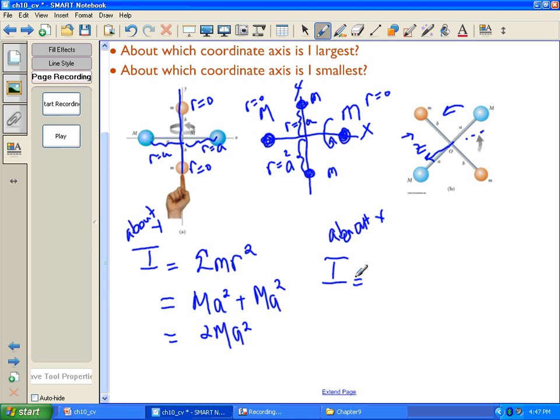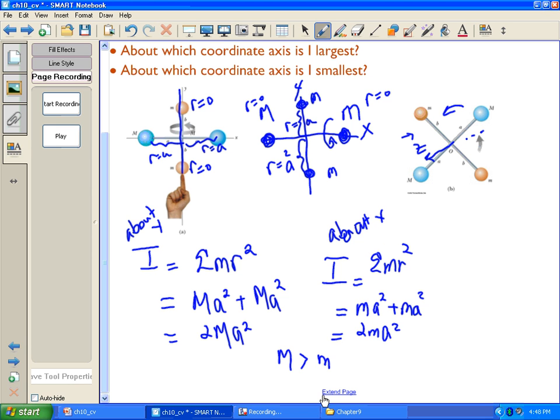And so here, when we calculate the moment of inertia, m times r squared, we get small m times a squared plus small m times a squared gives us 2 small m times a squared. But don't forget that capital M is greater than m. So far we see that the rotation about the y is greater than the rotation about the x.